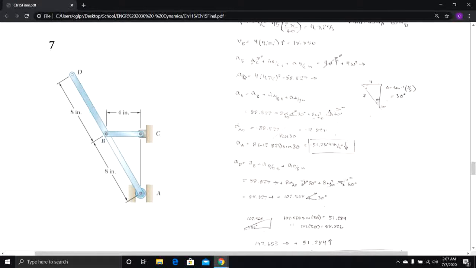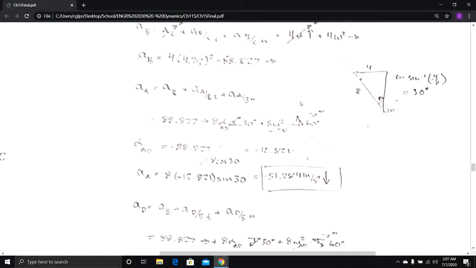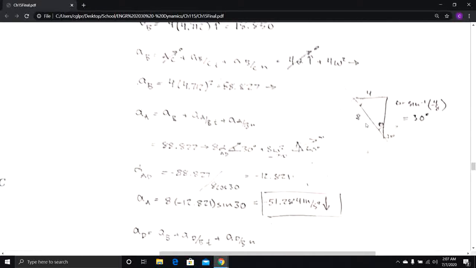But I really want to find the acceleration of point A. So I can use the acceleration of B to help me with that. Go ahead and make a triangle to be able to solve for theta.